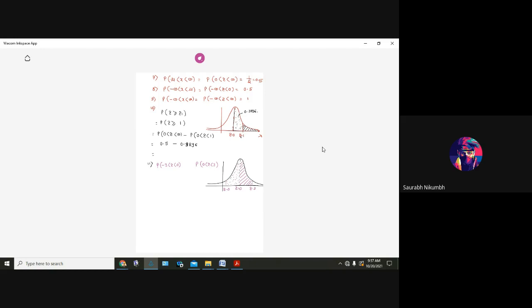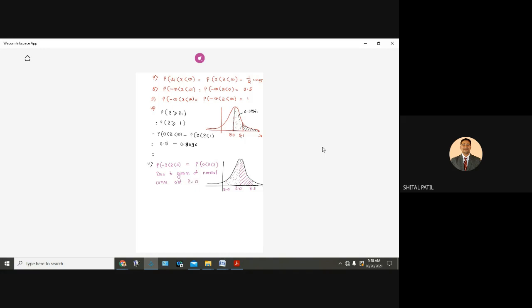They are equal. Why equal? Due to symmetry of the normal curve about z equal to 0.